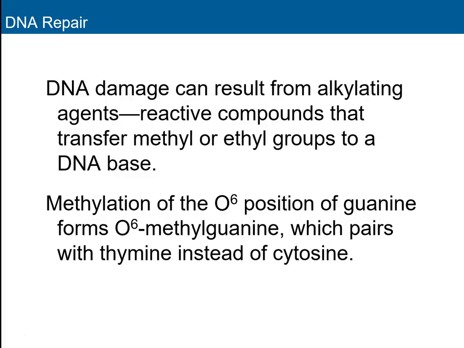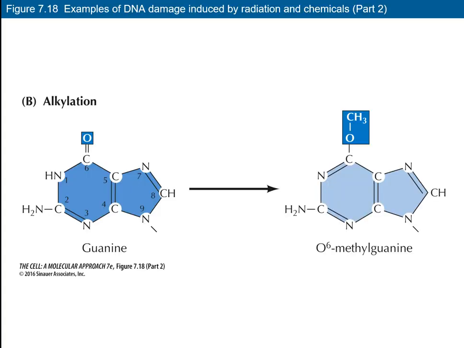Also, there are other types of damage caused by chemicals. The pyrimidine dimer was caused by UV exposure, but this is caused by exposure to particular chemicals that are alkylating agents. They transfer methyl or ethyl groups to a DNA base. Here is an example called alkylation: you have your guanine, and you end up with O6-methylguanine, which is just a methyl group added on.